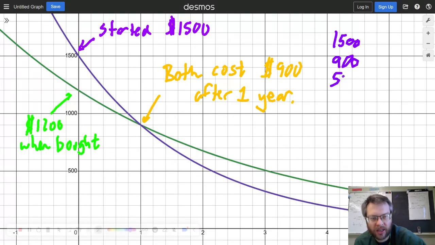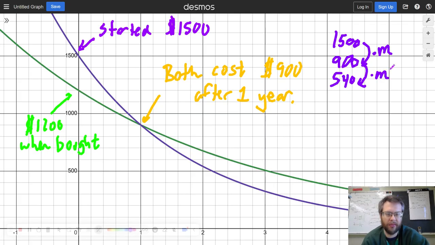And I don't really need any more than that because I can tell based on the shape of the graph that it's exponential. So what I know is that I'm going to multiply by something, and I've been using the letter m for that. So I'm going to multiply by something to get from 1,500 to 900. I'm going to multiply by something to get from 900 to 540.